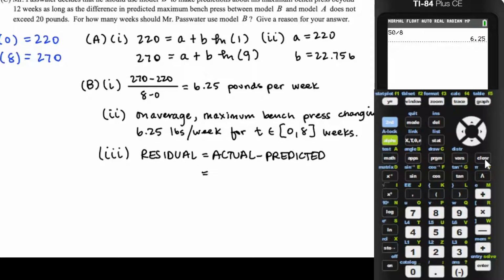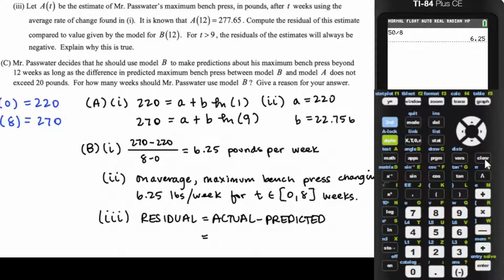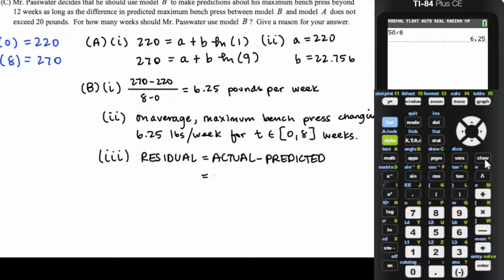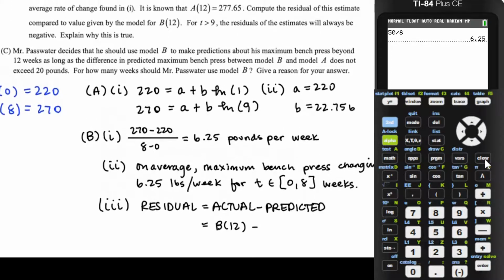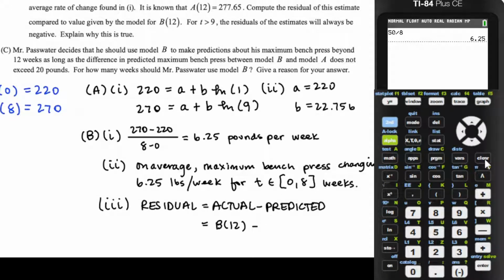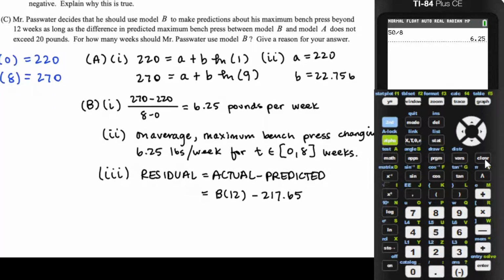Okay, and so we're going to say the actual is going to be B of 12 minus, let's see, 217.665, or no, 65. Lots of 2 decimal numbers in this homework.